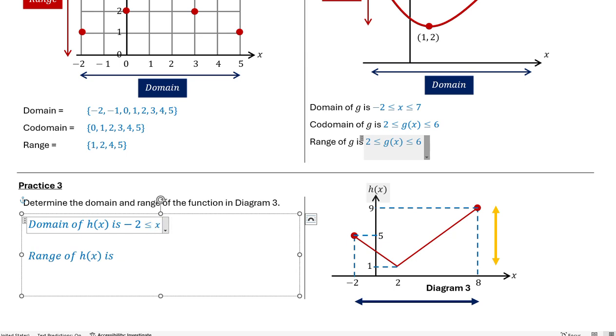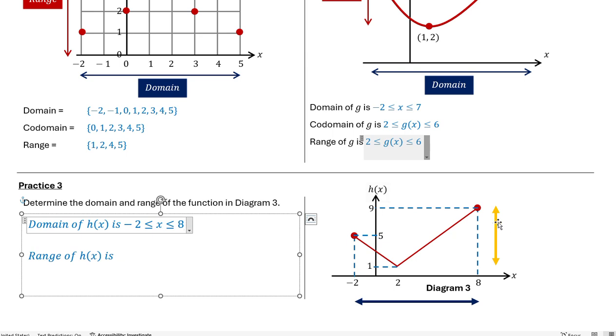X. I need to get the same font size here. -2, x, and then the rightmost is 8. And how about range? The lowest point is 1 and the highest point is 9.